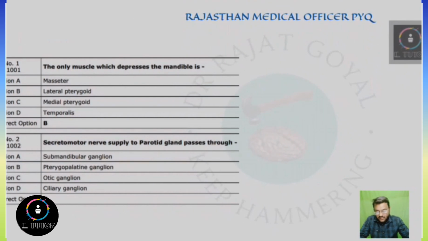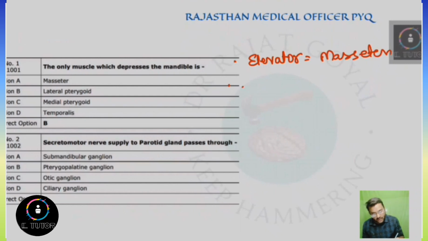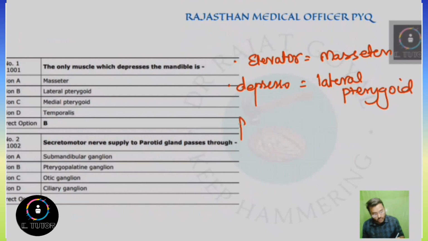The only muscle which depresses the mandible. So if we talk about the different functions at mandible, then there are some elevators such as masseter, some depressors such as lateral pterygoid, and some which do protrusion.